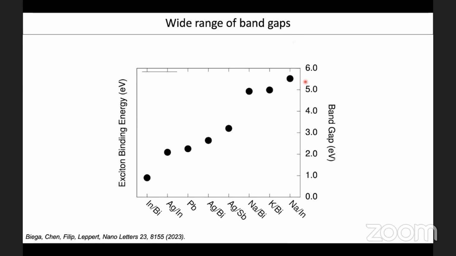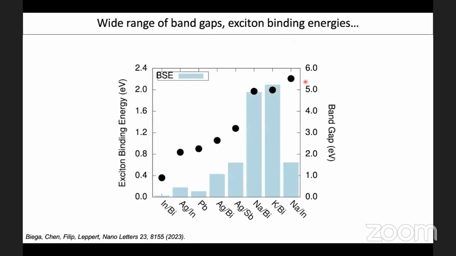Next thing that we do is to calculate the exciton binding energies. So this is shown here, and this is again calculated from first principles. So we get this from solving our Bethe-Salpeter equation. As you would expect from such a large range of band gaps, we also get a large range of exciton binding energies.